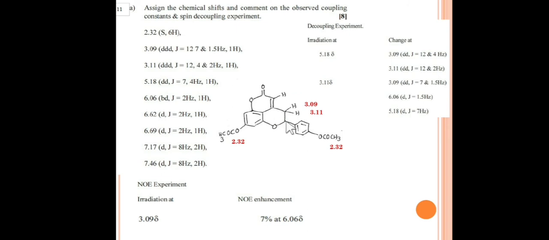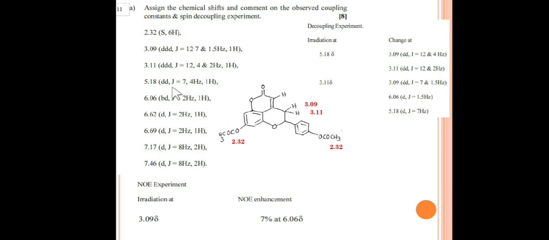You can see that this proton is near to the oxygen and also it is para to the OCOCH3 group. That's why it will be downfield. Whereas this proton is alpha to the carbonyl system, that's why it is always deshielded.